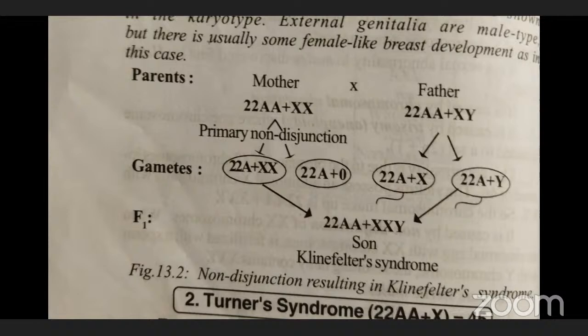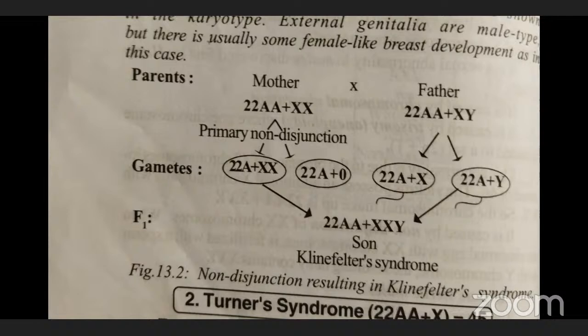So what happens in Klinefelter syndrome? The Klinefelter syndrome affected man is a sterile male. The testes are small, so there is no spermatogenesis. The male sex glands are poorly developed.